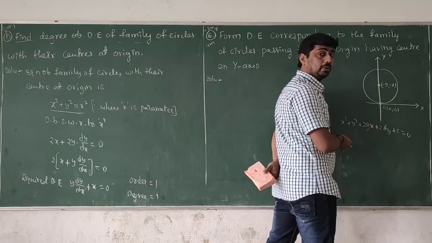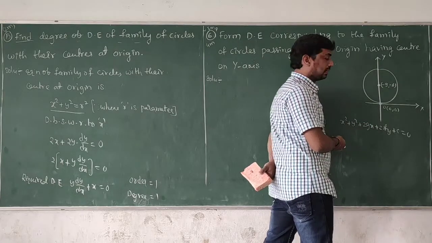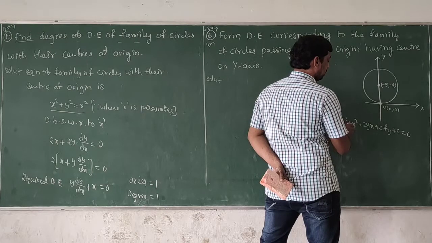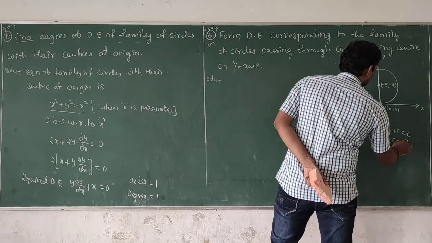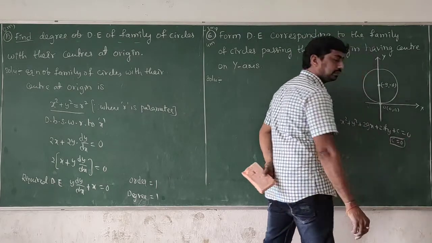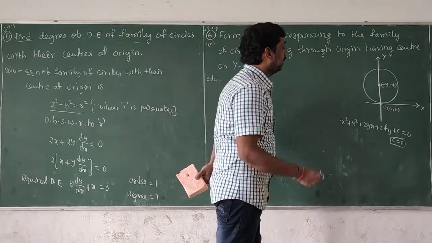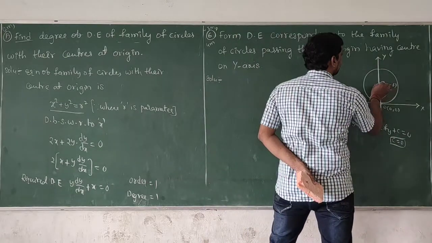We already completed so many problems in the first chapter, circles. So substituting x value 0 and y value 0, we get c value 0.